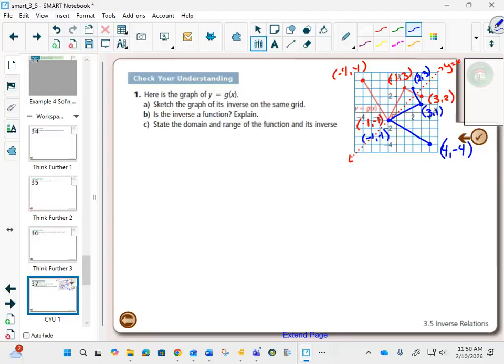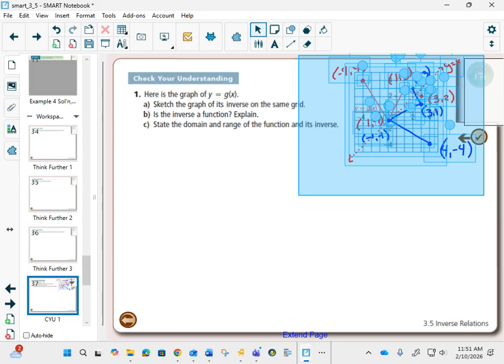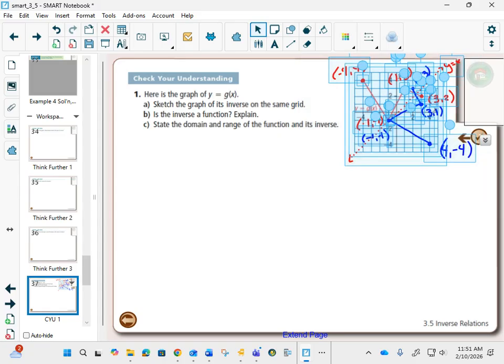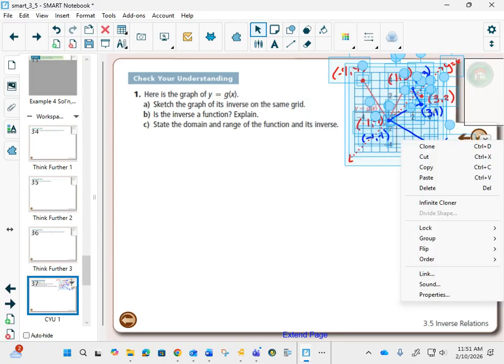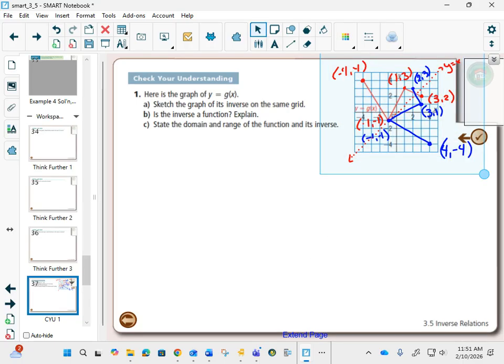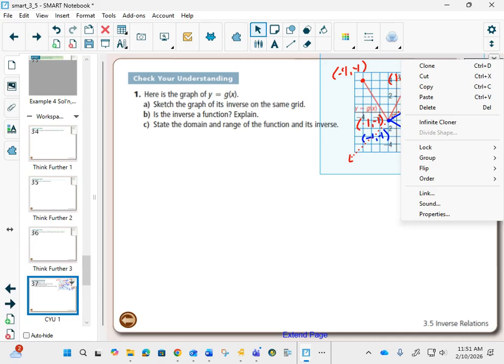Flipping over a horizontal line, or if you turn it up, flipping over a vertical line, that's easier for your brain. Right? I'm going to show you how to cheat. Oh, this is not good. Shouldn't be doing this.